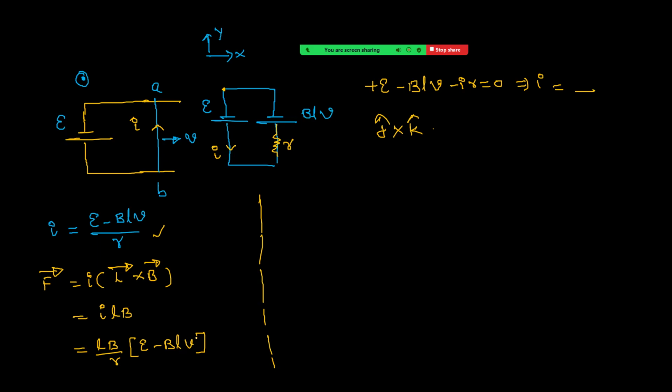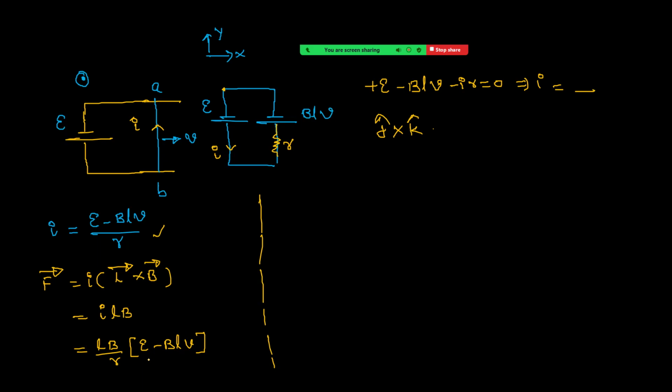At one point of time, this BLV is equal to epsilon. So see the question given carefully. It is given negligible resistance, a wire AB.